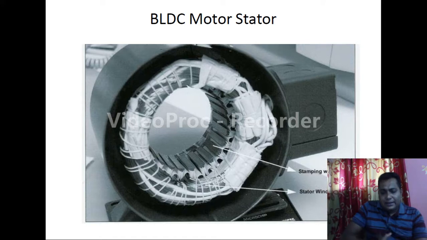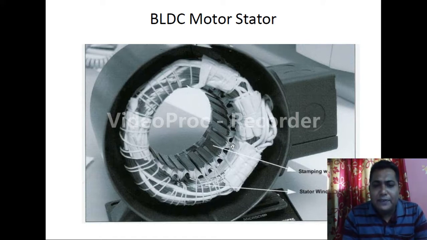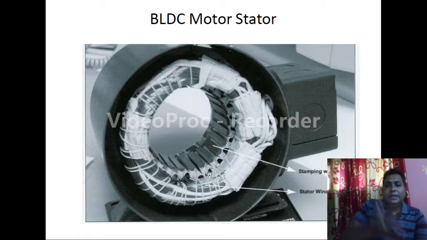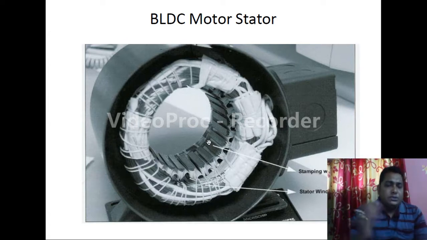In between the slots the windings are placed. Very carefully you can see there is the insulation layer. The vertex paper we actually use over here, the insulation paper. In between that insulation paper we have the slot windings. And these are the inner periphery stator slots we have in this case.